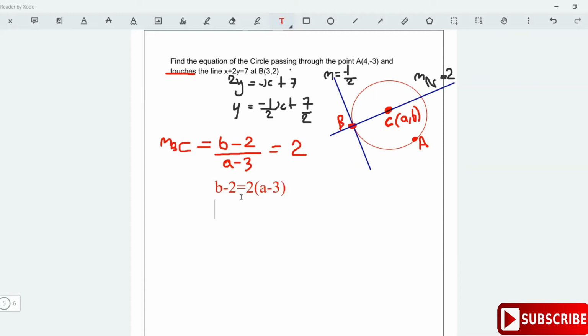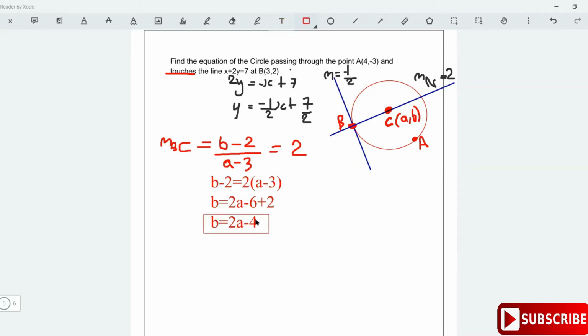So b is equal to 2a minus 6 plus 2, and so b is equal to 2a minus 4. That's the equation for b.